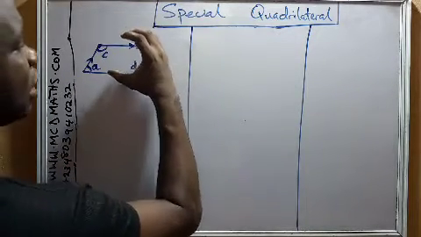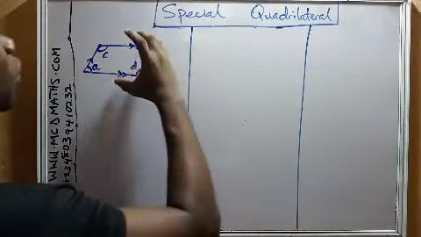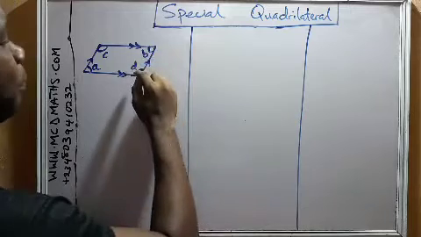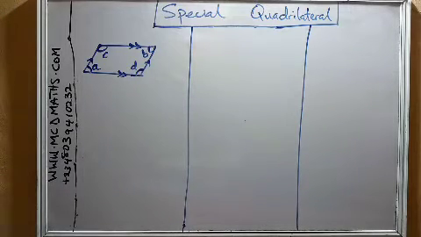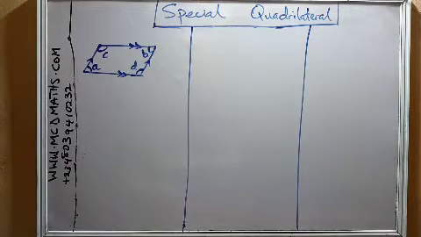Also, the interior angle can face this way, since these are parallel lines. B plus D will give you 180. So if D is 120, B has to be 60. So that's the angles and sides of a parallelogram.